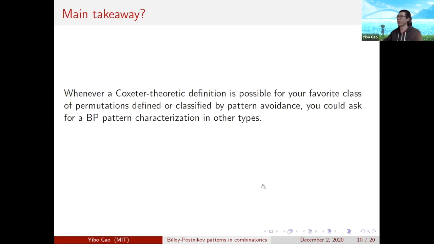By the way, this Billey-Postnikov pattern was invented to study smoothness of Schubert varieties, where you characterize the smoothness criterion by pattern avoidance. But since I don't know much about geometry, I will just talk about some combinatorial applications of this pattern.